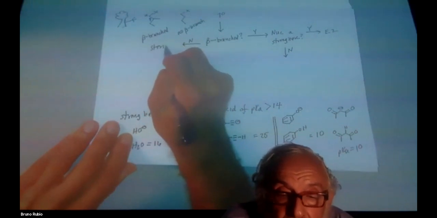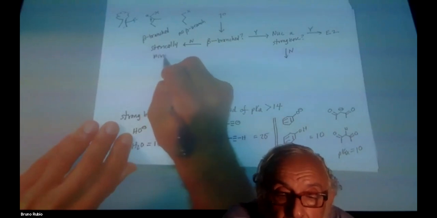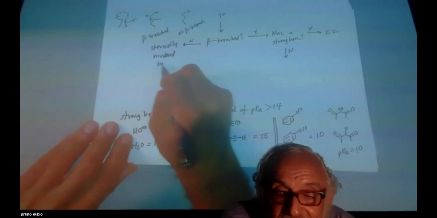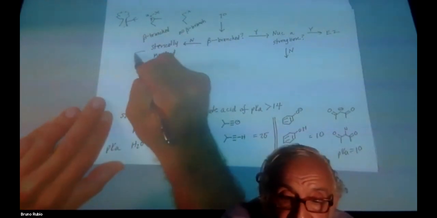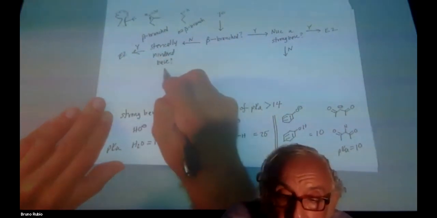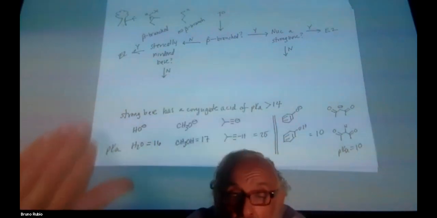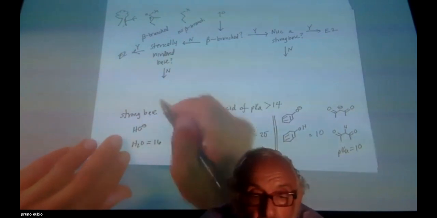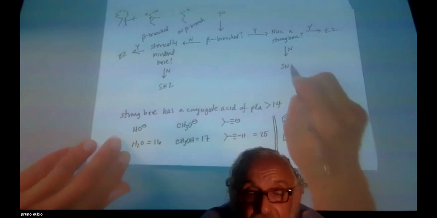Okay, so next thing we would look for over here would be a sterically hindered base. If yes, we're going to get E2. And if no, we're going to get SN2. And over here, we're going to get SN2.